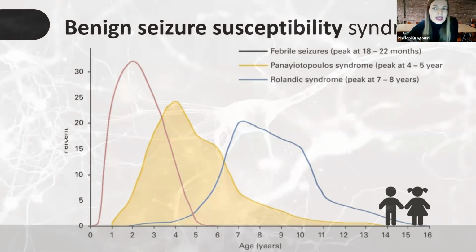The children might have seizures mostly associated with sleep, especially in Panayiotopoulos syndrome, so even without having to take anti-epileptic medication, their epilepsies will remit when they mature with age.